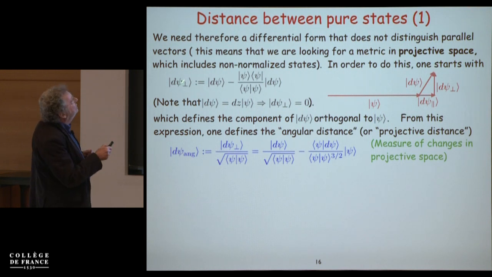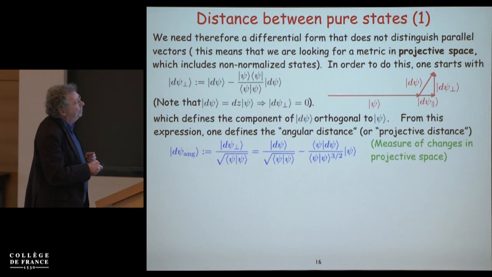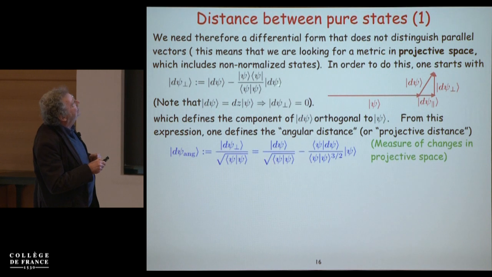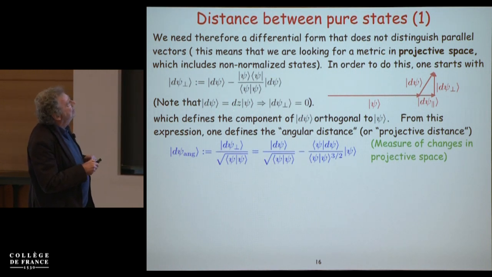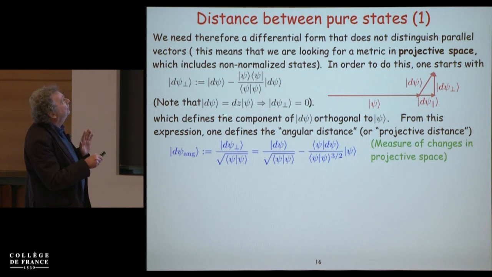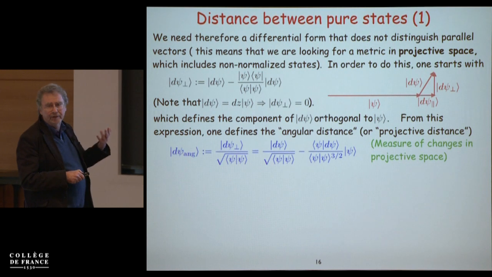Now, note that if we define this displacement like that, then if we multiply d psi here by some number, dz, times psi, then this will be equal to 0. Just replace this here, and you see that this whole thing vanishes. Okay? So very good. This is not sensitive to the multiplication of psi by some number.